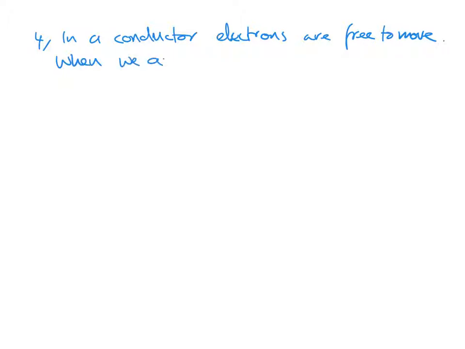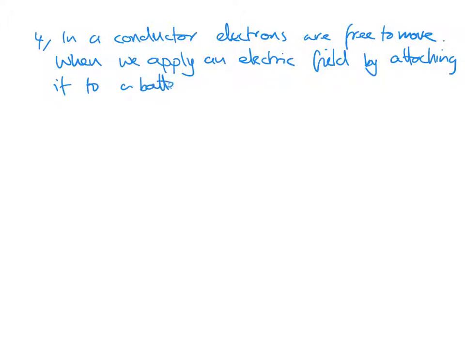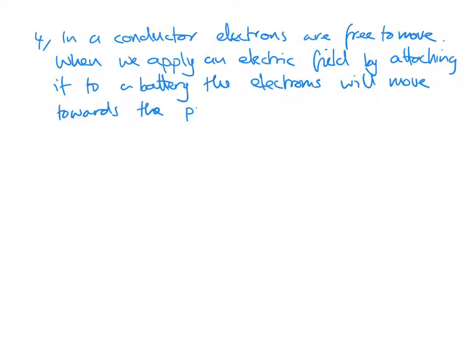So when we apply an electric field to a battery, the electrons will move towards the positive end of the battery.